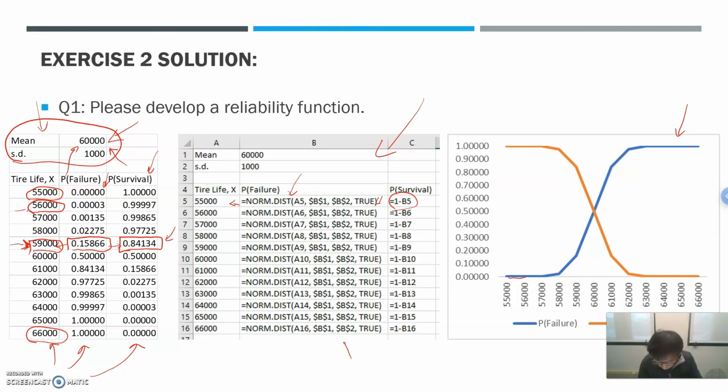For example, if you look at 60,000, you'll have equal failure rate and equal survival rate, because that is the average. But if you look at 61,000 here, the survival rate is fairly low, but the failure rate is fairly high because it's past the average life expectancy of 60,000. That's what we can tell by looking at the curve.